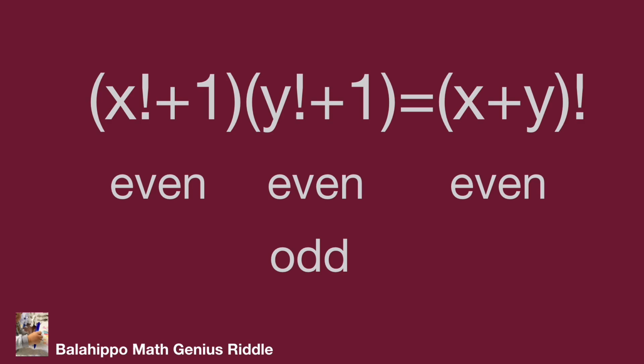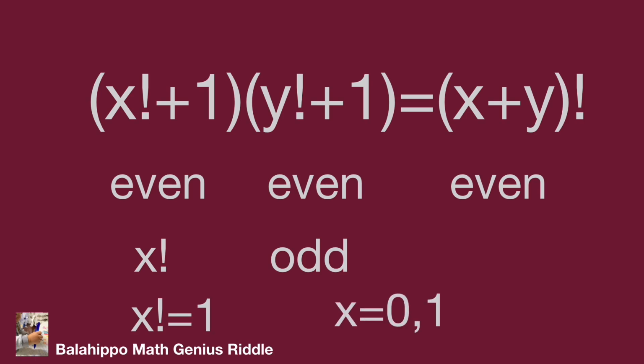No matter which condition, we focus on x factorial plus 1 being an even number. So x factorial is an odd number. It means x factorial equals 1. Then x could be equal to 0 or 1.